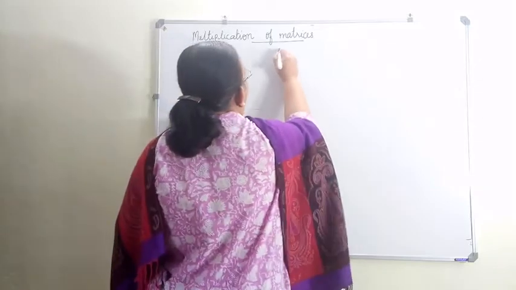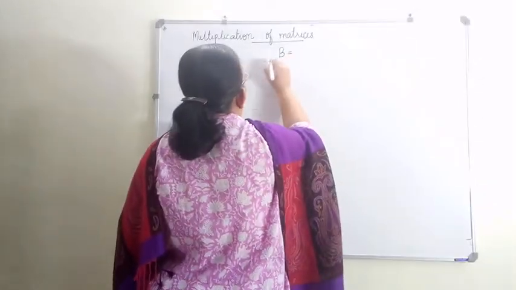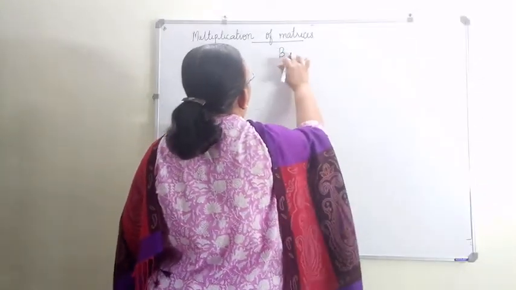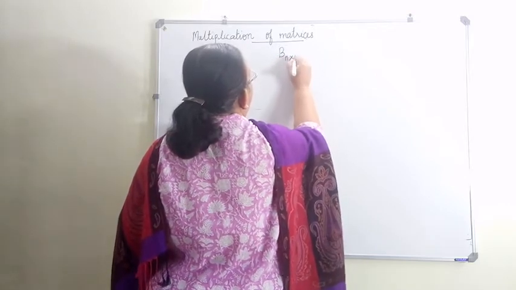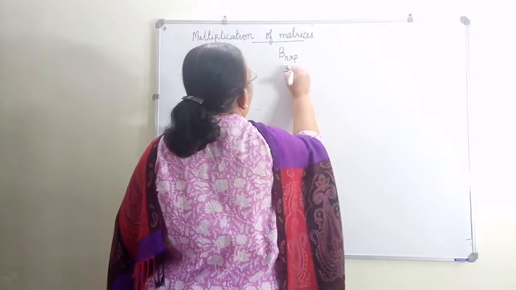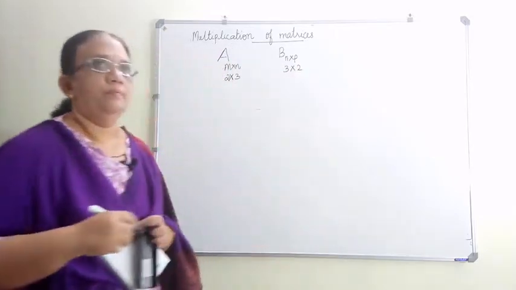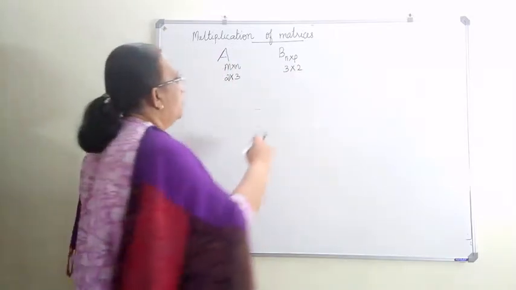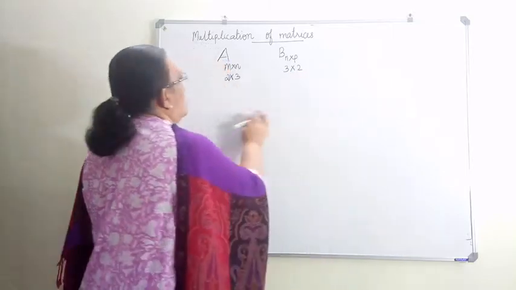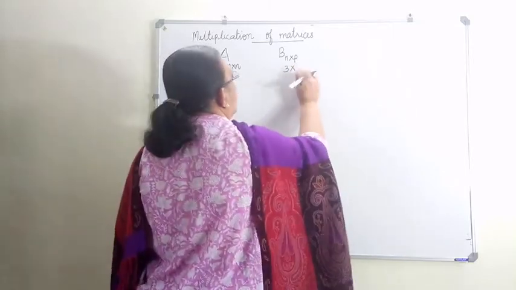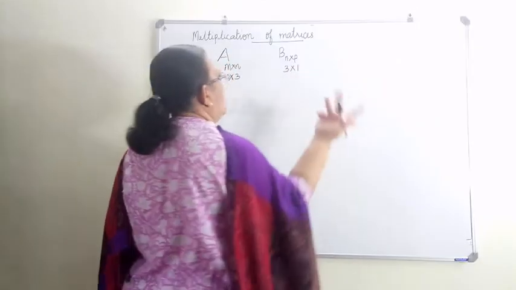B is a matrix of order n by p. That is 3 by 2, or you can say it is equal to 3 by 1.